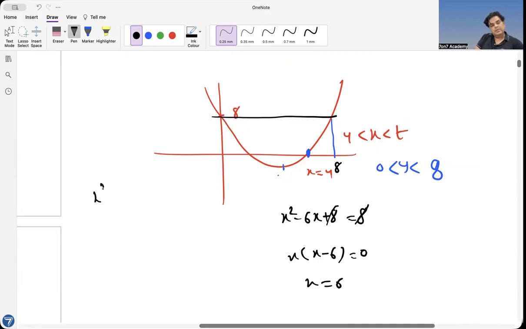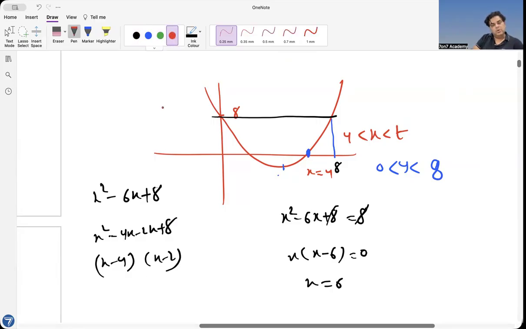Because if I have x square minus 6x plus 8, ठीक है, I solved it, then you can factorize it to x square minus 4x minus 2x plus 8. So x minus 4, x minus 2. ठीक है, so one value is 4, one value is 2.